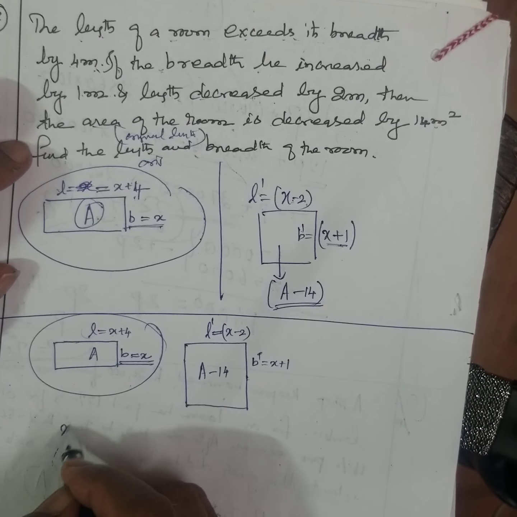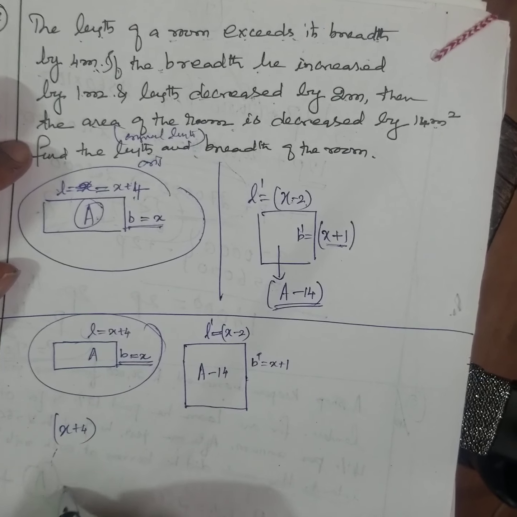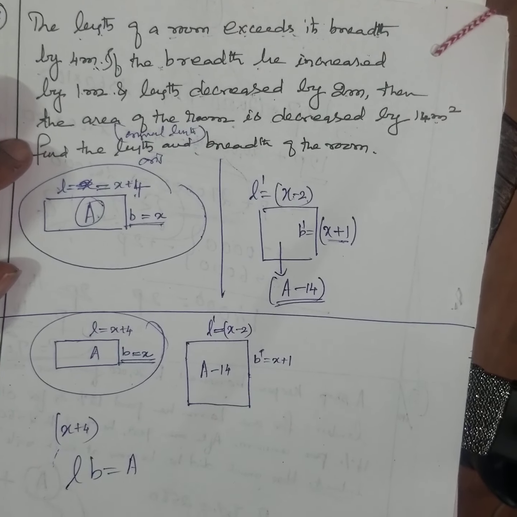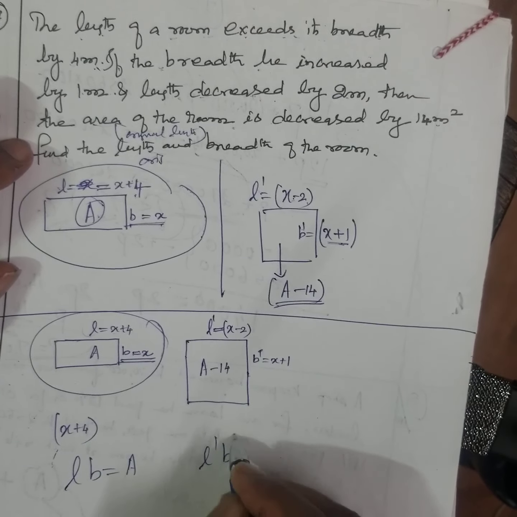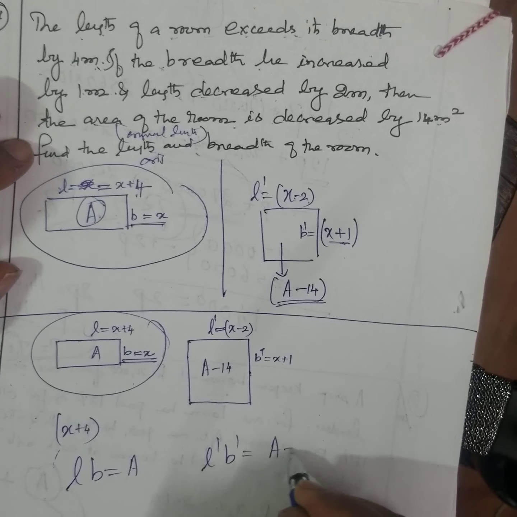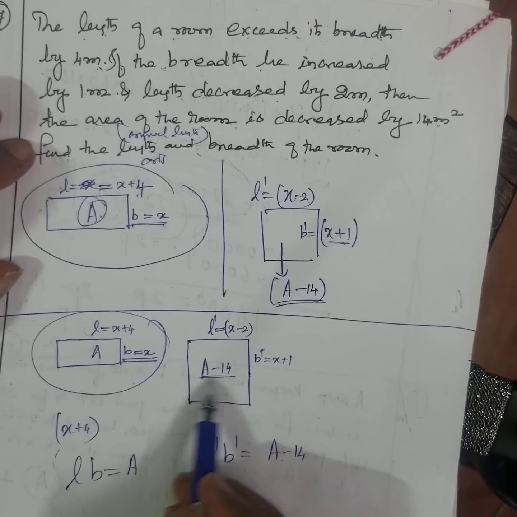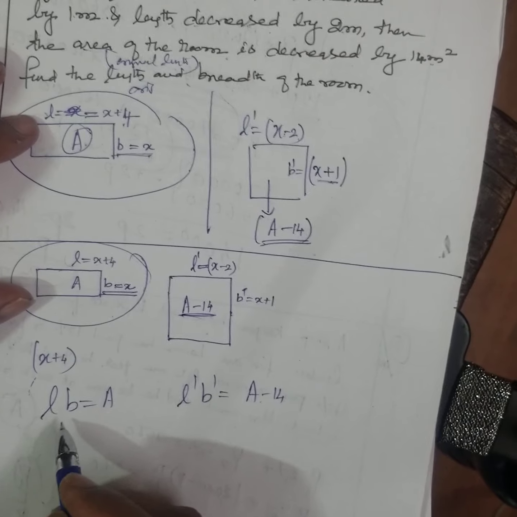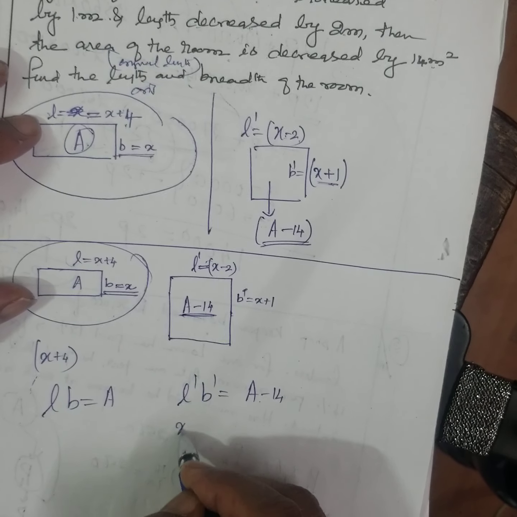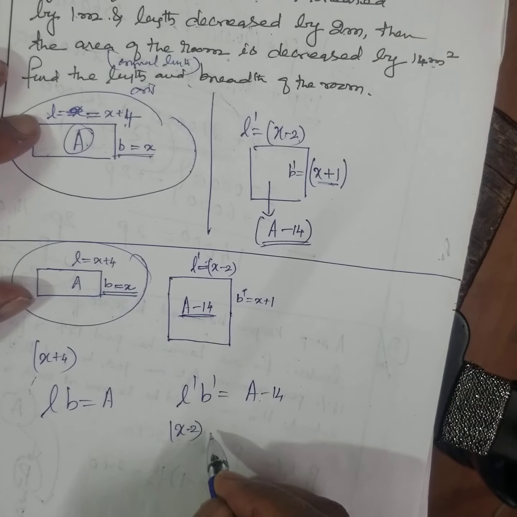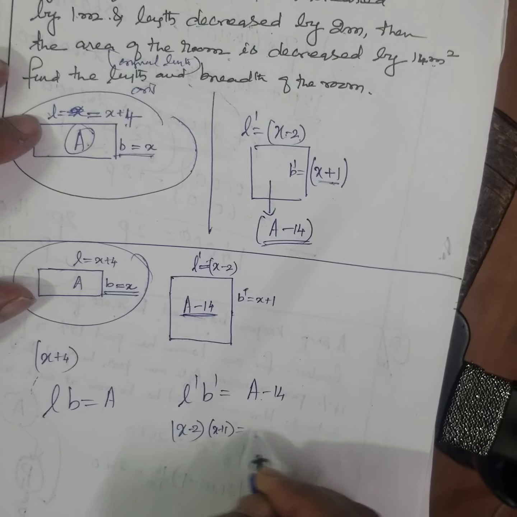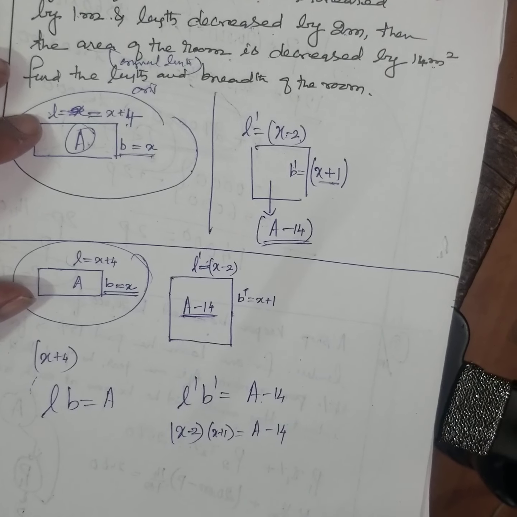Here what is given? Length x plus 4 times breadth x is equal to area A. New length times new breadth is equal to the new area. The new length is x minus 2, new breadth is x plus 1, equal to A minus 14.